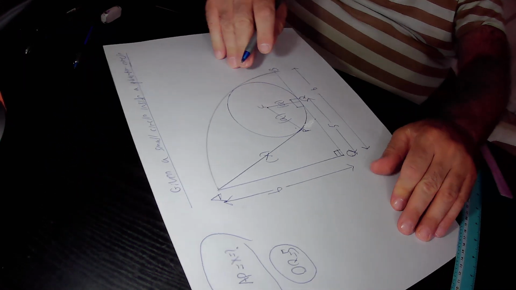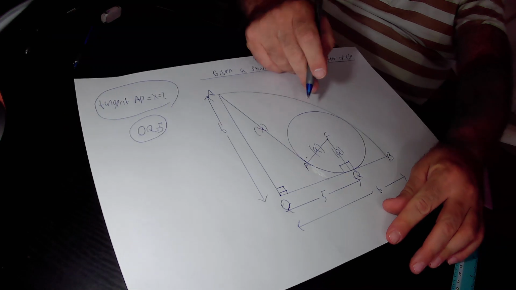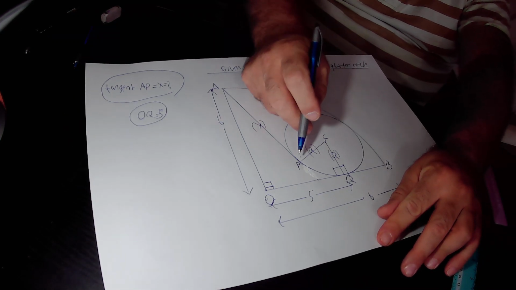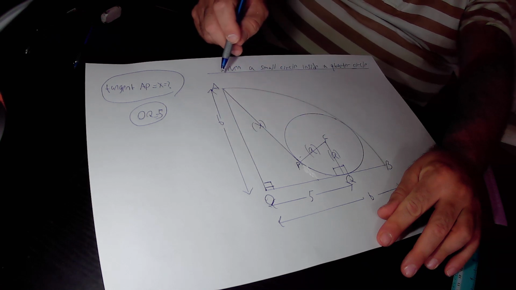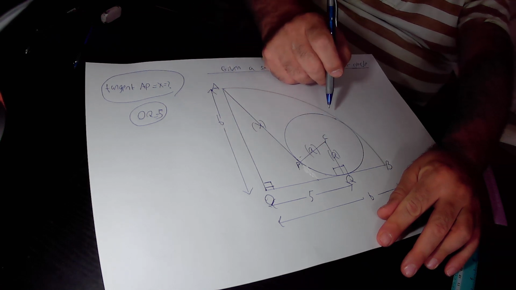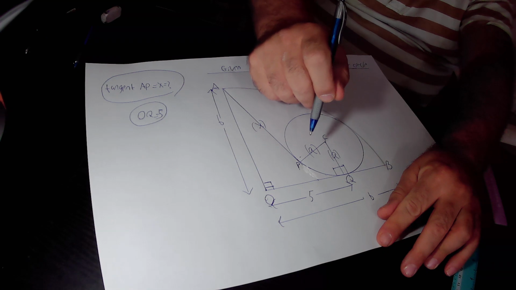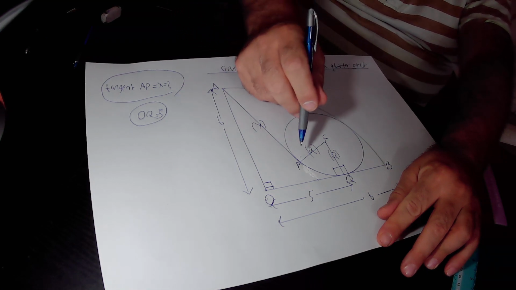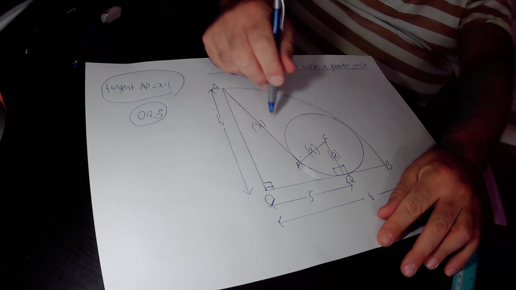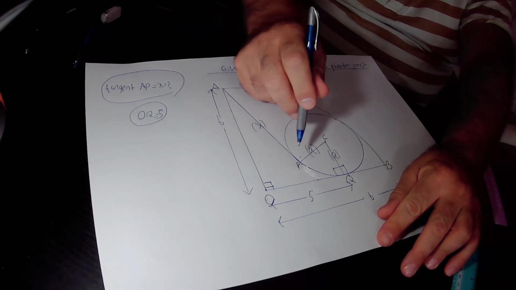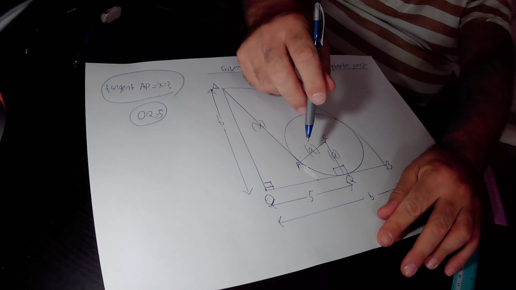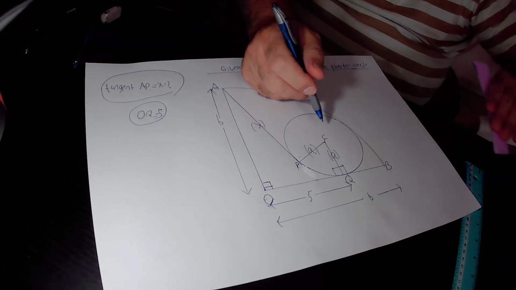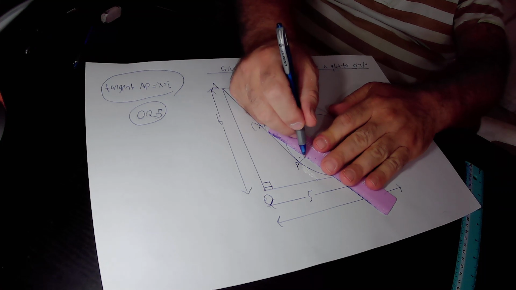Because the radius CP of this small circle is drawn to point P, the point of tangency of tangent AP with this small circle, and whenever a radius is drawn to the point of tangency, then tangent AP will be perpendicular to the radius PC. If PA is perpendicular to PC, it means that this angle equals 90 degrees according to rule 1.